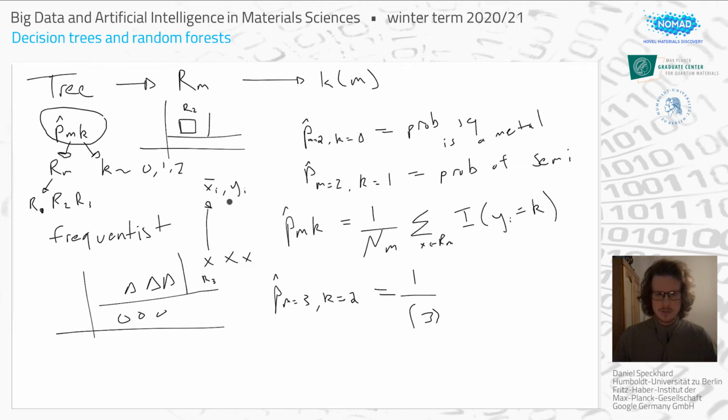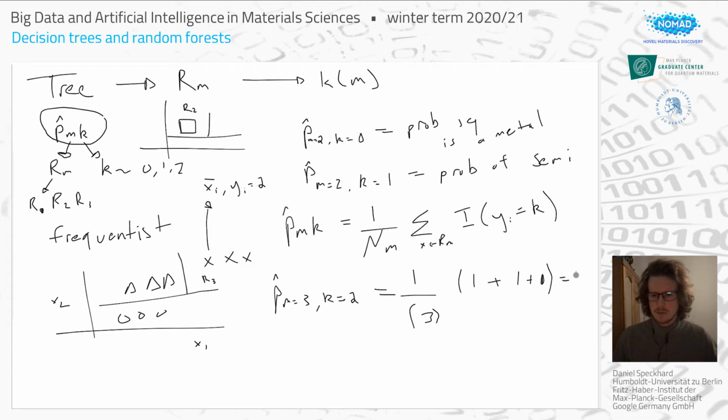The associated y values for all of these data points is equal to 2, since they are all insulators. They have different x values, different values of x1 and x2, since they lie on different points of this plane, but they all have the same class labels. They are all insulators. So we're going to sum 1 plus 1 plus 1.